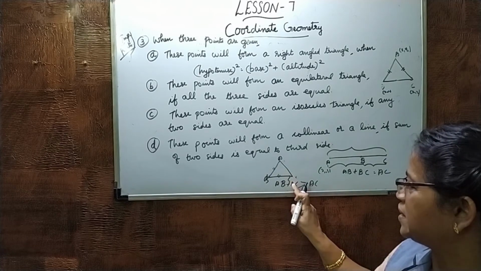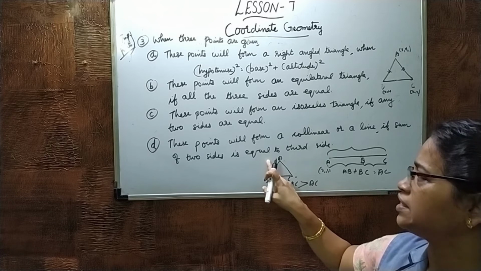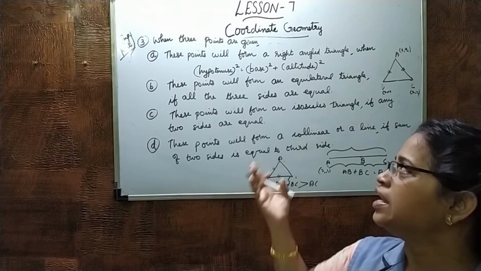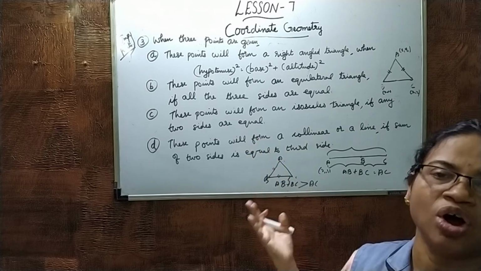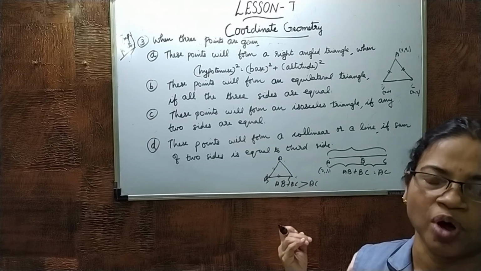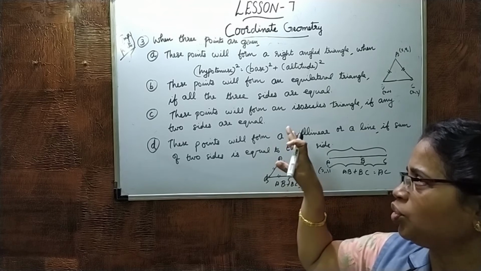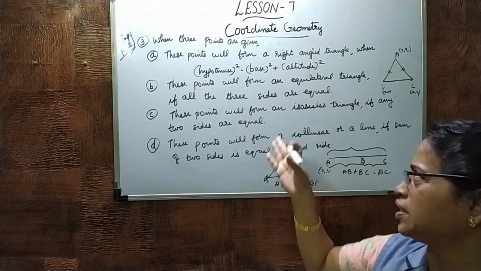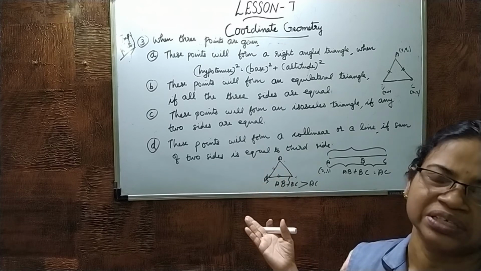Clear? Then we can say that these 3 points form a triangle. So these are the conditions when they are giving you 3 coordinates or 3 points. Clear? When we do the problems you can understand, but you have to learn this. Understand all these things you have studied in 7th standard.